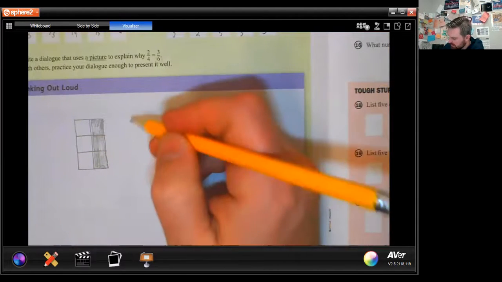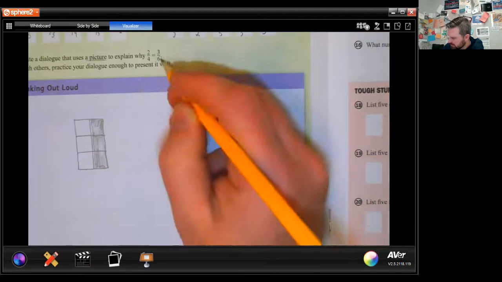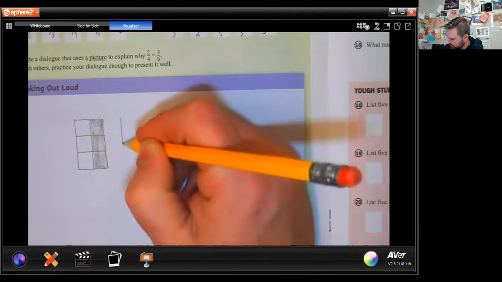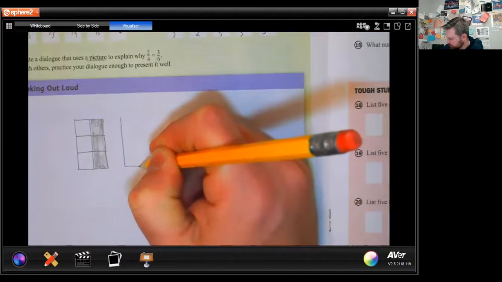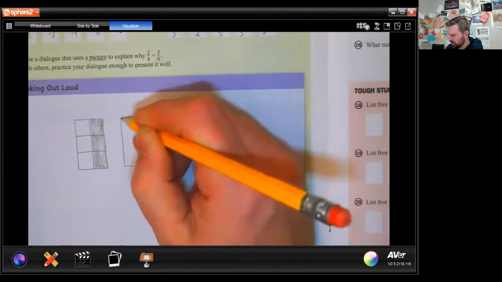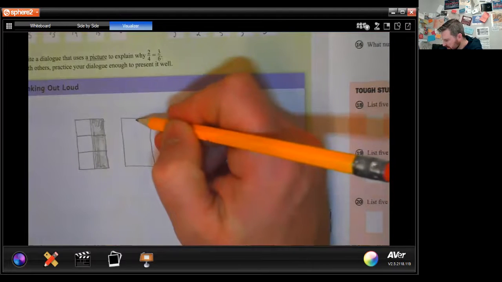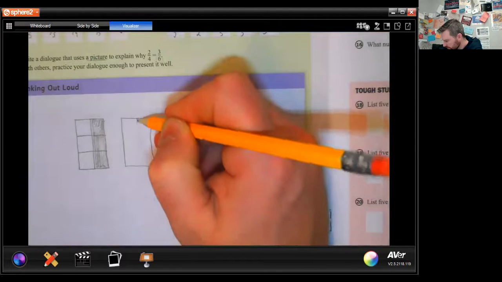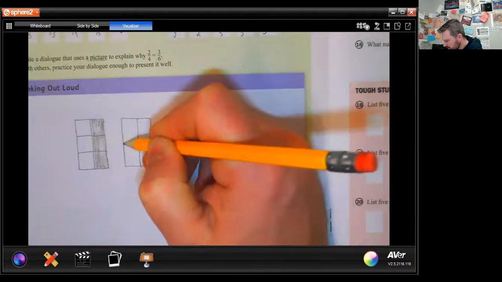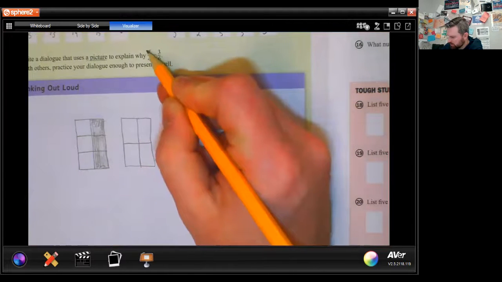Now, in the next one, instead of 6, I'm going to have 4. So my outside shape is the exact same, okay? But in this case, I'm going to split it here and then here. So now I only have 1, 2, 3, 4. And I'm going to fill in 2 of those.